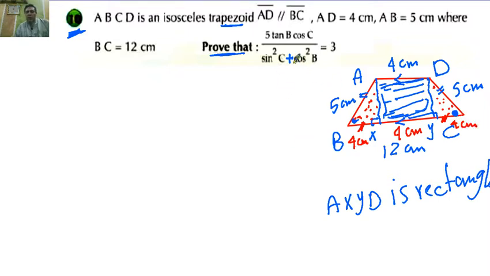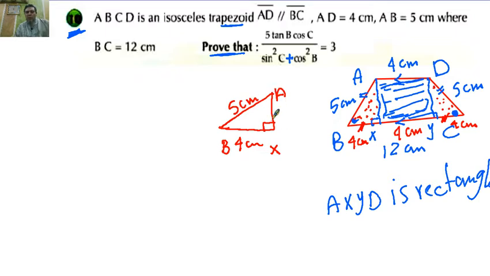Then the main trigonometrical ratios for angle B are the same as for angle C. We can separate triangle AXB: 4 centimeters, right angled at X, and 5 centimeters.